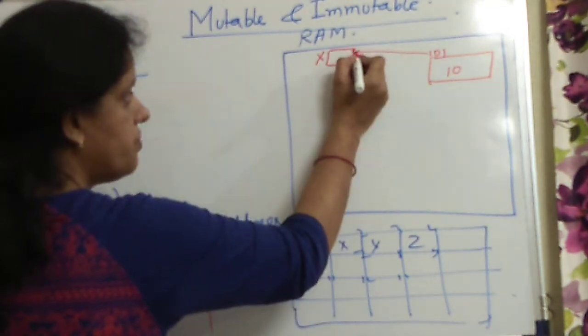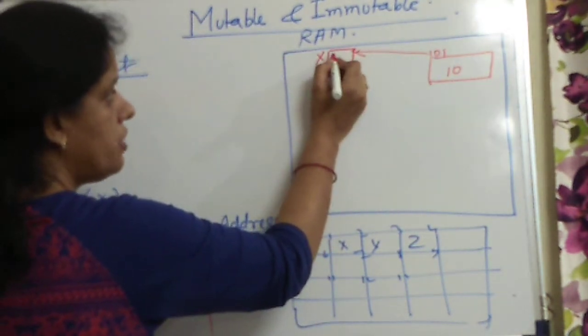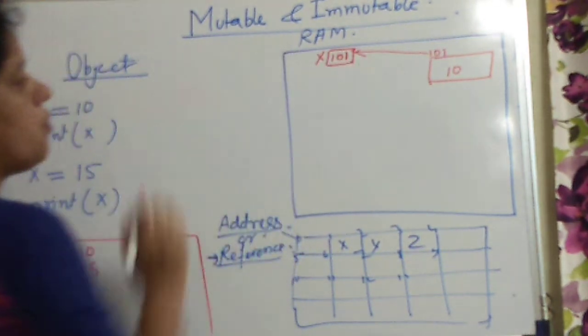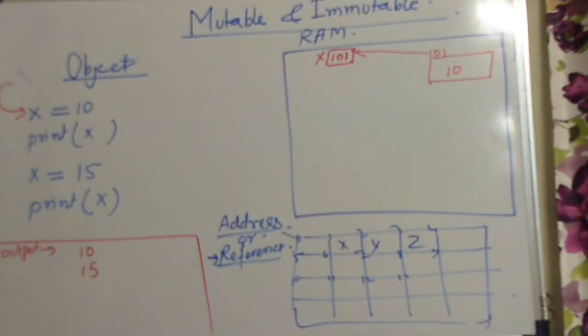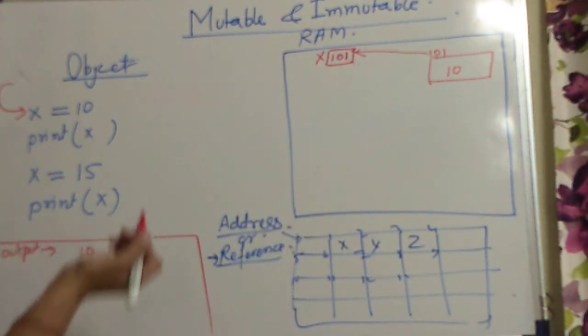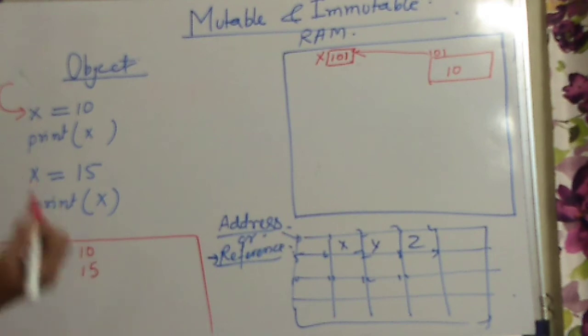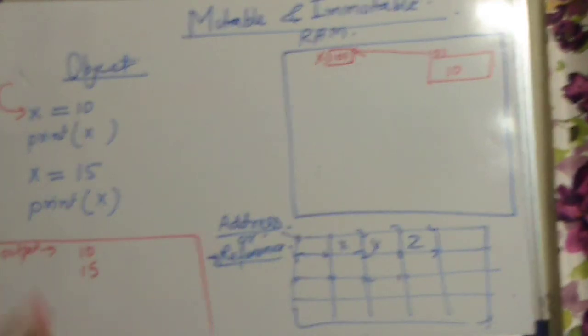And this address will be assigned to x, meaning x will hold 101. Students, know this fact about this object, and how data is represented in Python.